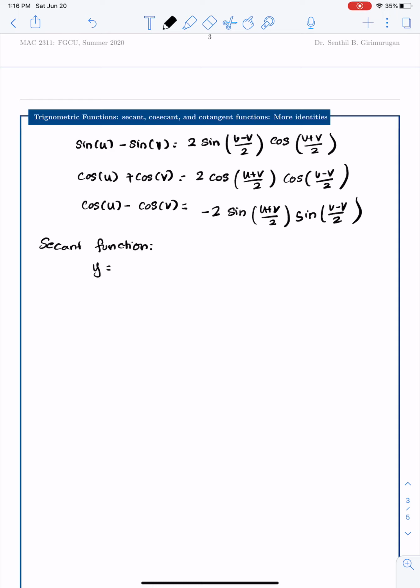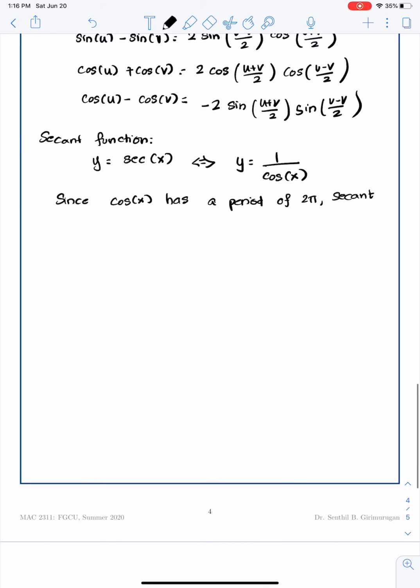A secant function is denoted as secant of x. This is simply y equals 1 over cosine of x. So since cosine has a period of 2 pi, secant will have a period of 2 pi.